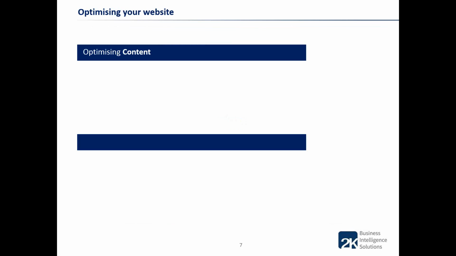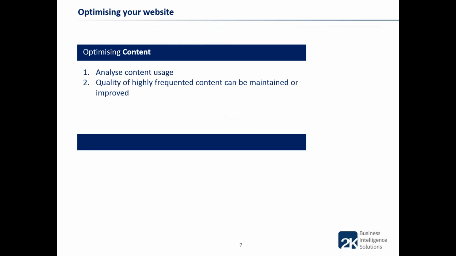So optimizing your website, there's several aspects of that. Obviously optimizing content is one. Like I said a minute ago, you want to use business intelligence ideally, or you want to use the data that is available to you regarding your web traffic to analyze the usage of the content on your website.